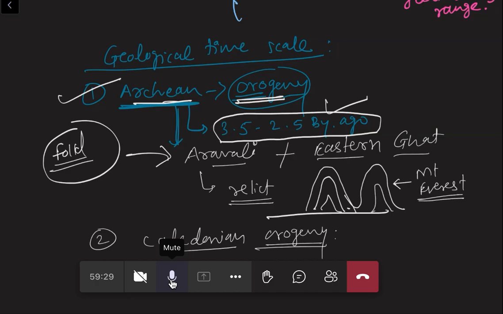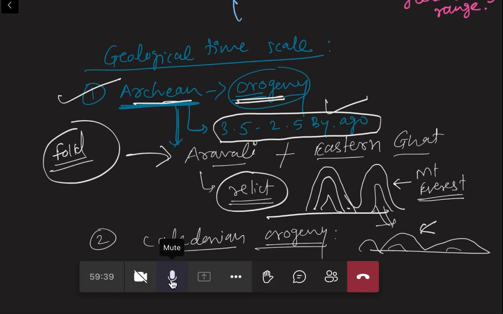But now they have remained like hills only. These are now just small hills. So we call them relict, a remnant of the earlier Aravalli. Why did it happen? Because of erosion. Wind and water erode this mountain, and its height has decreased.